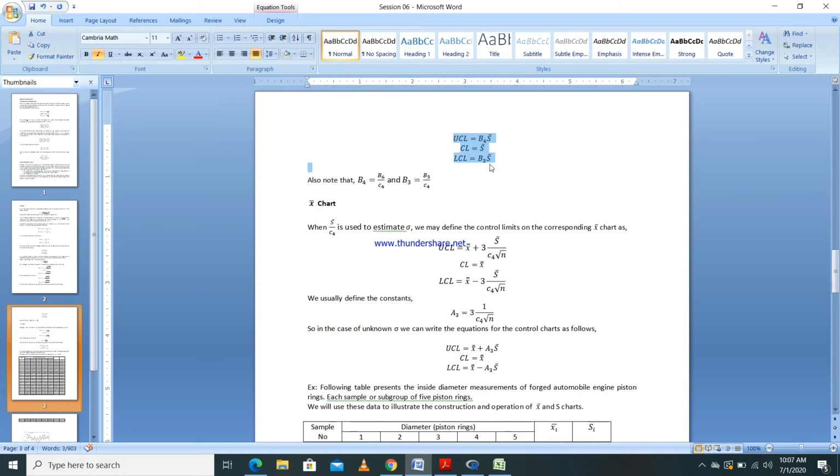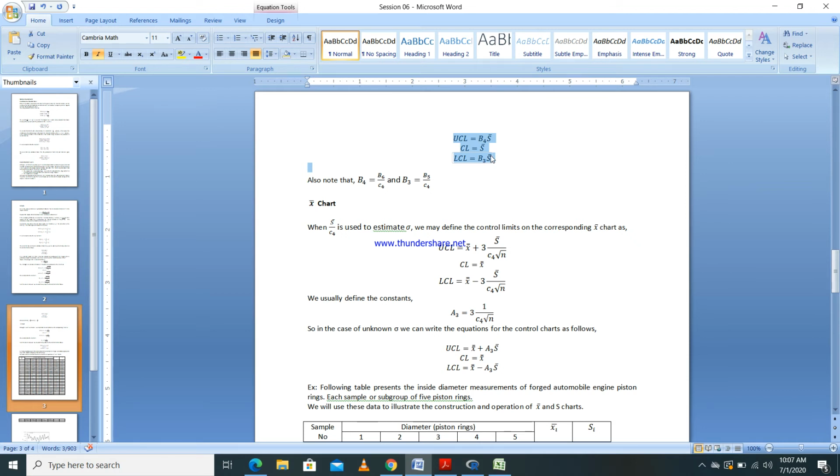So in this case, you can say the center line is equal to the mean value of the sample standard deviations, and the upper control limit B4 times the mean value of the sample standard deviations. The lower control limit B3 times the mean value of the sample standard deviations.